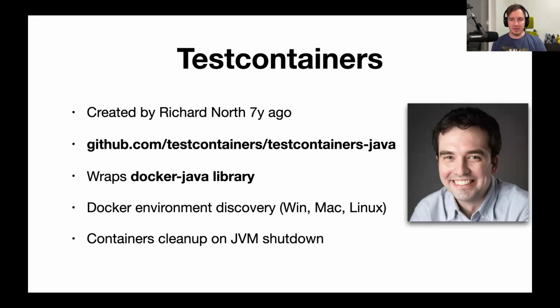So you can nicely connect your code and your tests with this capability of managing Docker containers and images. It does the Docker discovery for you. It runs tests and tries to simplify the user experience for new users. And very importantly, it does containers cleanup. It cleans up all the things that usually are left on the JVM shutdown. So the premise is that you can integrate your test code with a Java library, and it will spin up Docker containers for you as necessary.